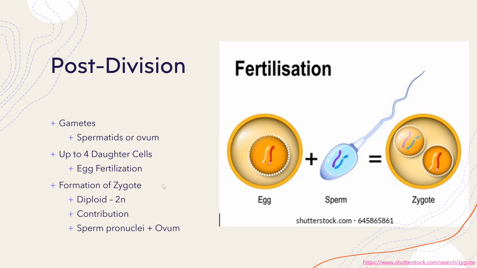On the other hand, we get the ovum, which is just a large cell with tons and tons of RNA, organelles, and cytoplasm to immediately start division and growth once the sperm fertilizes.